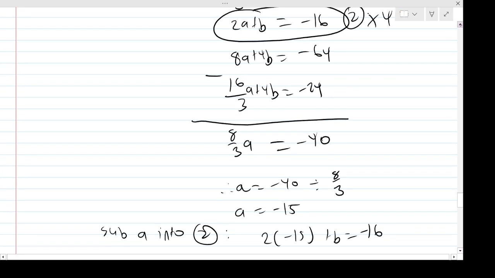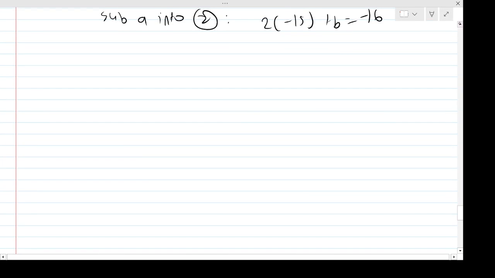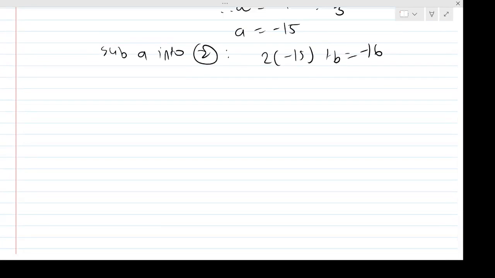Again, to remind you, that's the equation we've got there. So to solve for b, well, 2 lots of minus 15 is minus 30, add b is minus 16. So b, if I add 30 to both sides, 30 add minus 16 gets me 14. And there we are. So in summary, a is minus 15, b is 14.